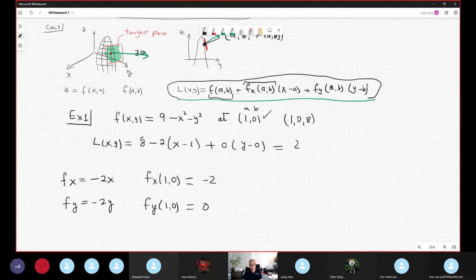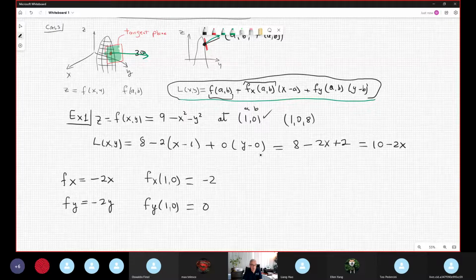The equation is 8 minus 2x plus 2, right? It's 10 minus 2x. So basically, you can write, instead of z equals something, the linear approximation equals 10 minus 2x. And this is the equation of the plane, right?